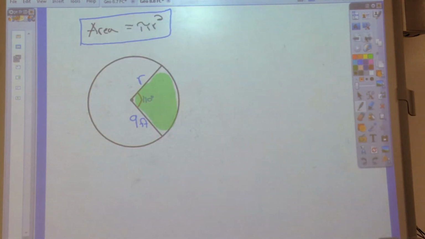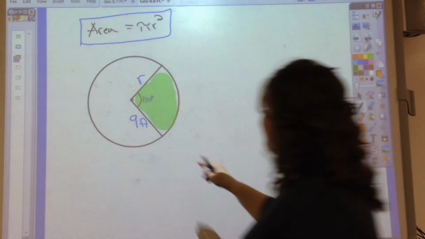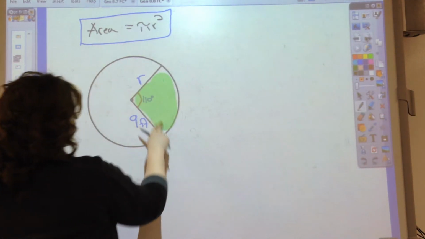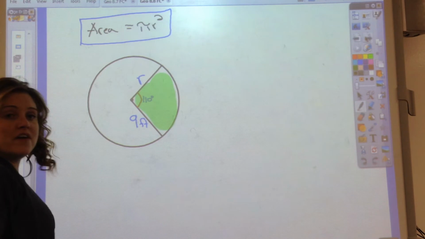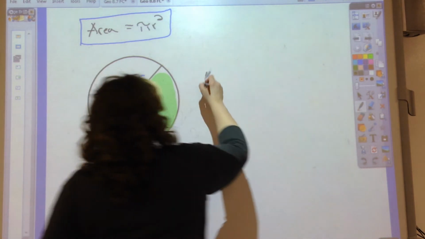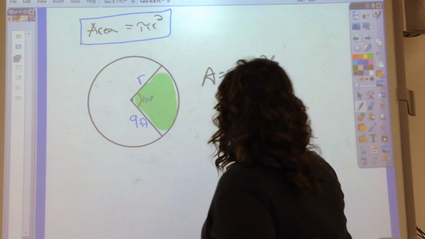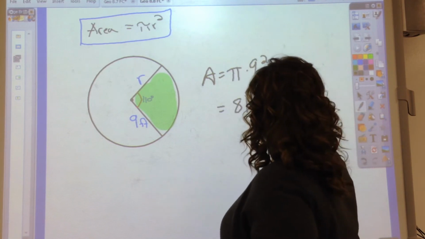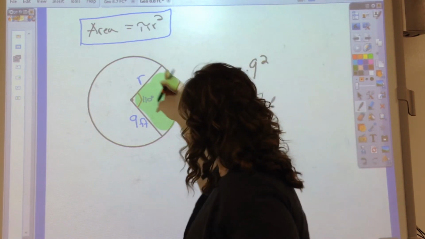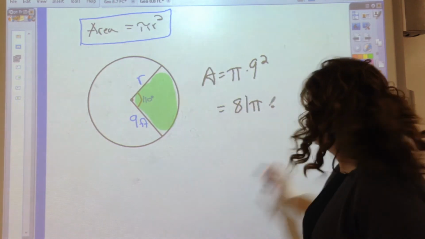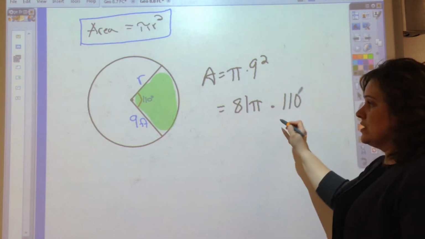All right? Let's find the area of just this portion of my circle. First, I want to find the area of the whole circle. My area of the whole circle is going to be pi times 9 squared. That gives me 81 pi. And now, the portion of the circle that I want is only 110 degrees.